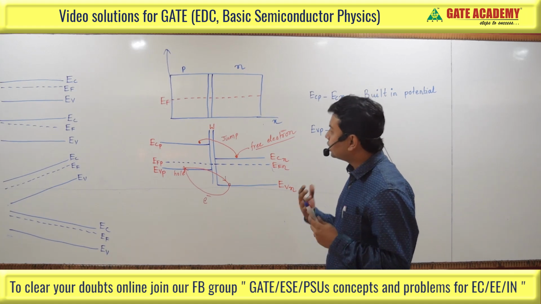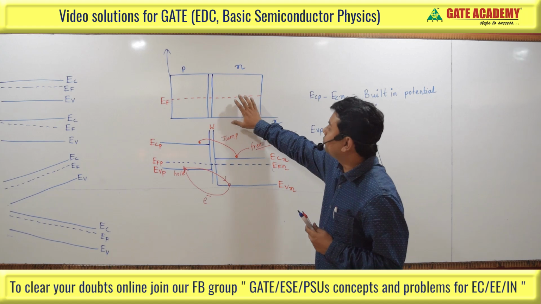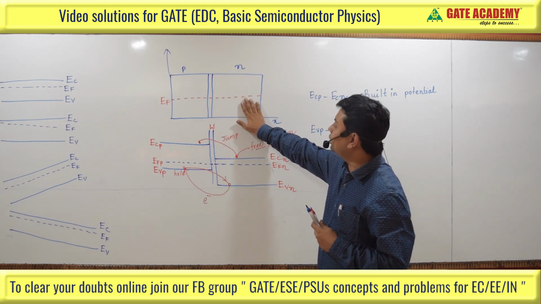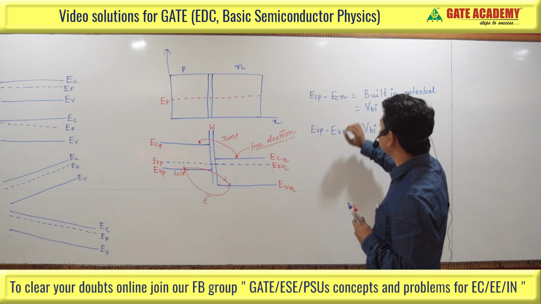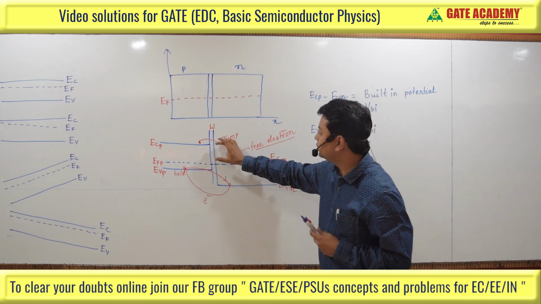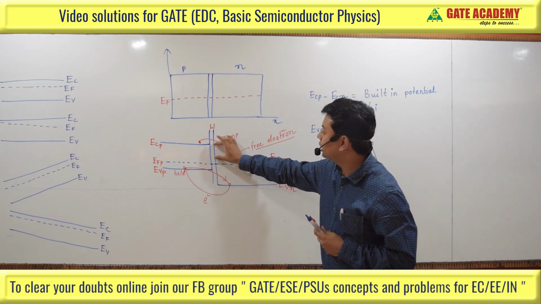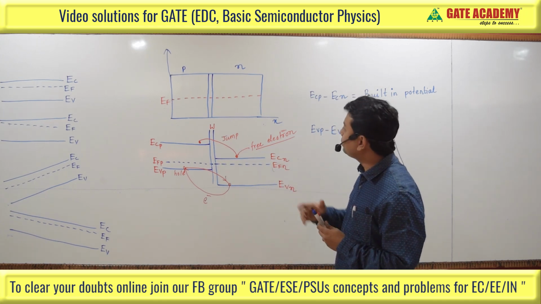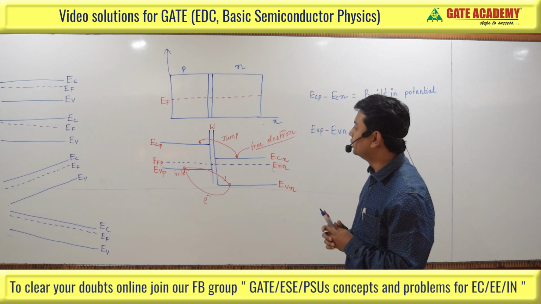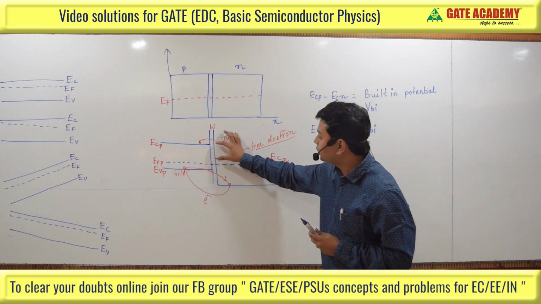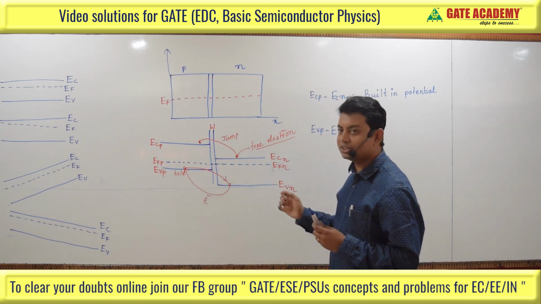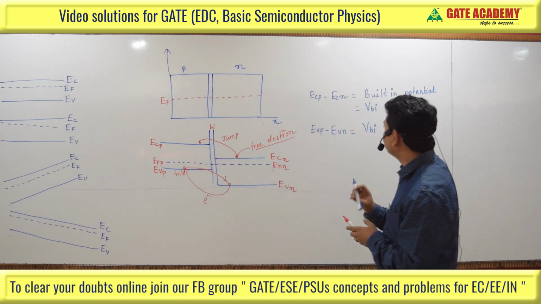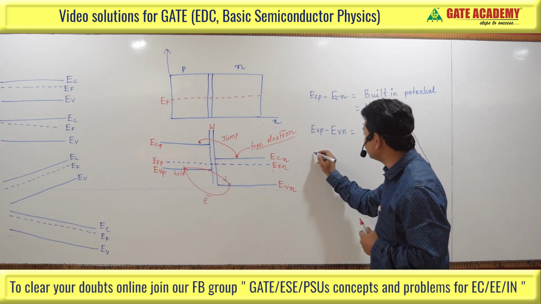As we know, if we apply forward bias to this PN junction diode, then the built-in potential, that means the difference in potential between these two energy levels, will reduce, and if we apply reverse bias, the difference between these two levels will increase. We consider them one by one.